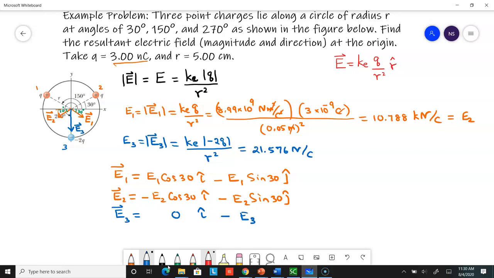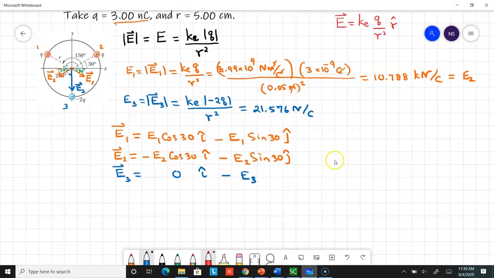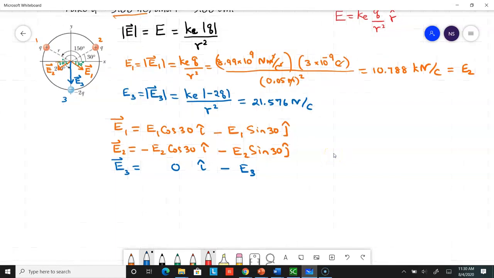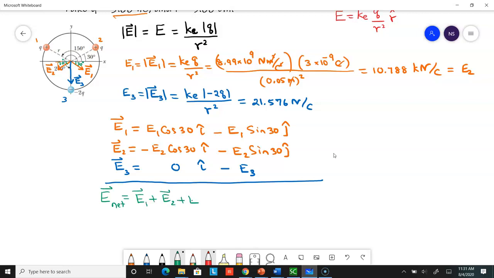Okay, so I've got all the vectors expressed in the i j notation, so I just need to add them up to get the total electric field, and when I do that, my resultant electric field is going to be, I'll say E net, which is the vector sum of E1 and E2 and E3. You can see E1 and E2 are the same in x, right?